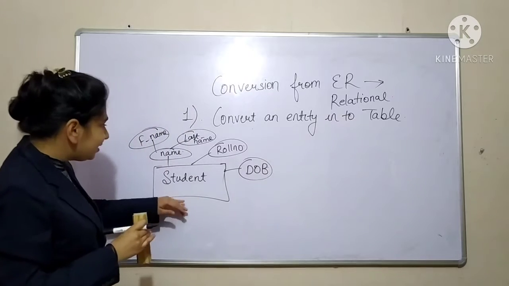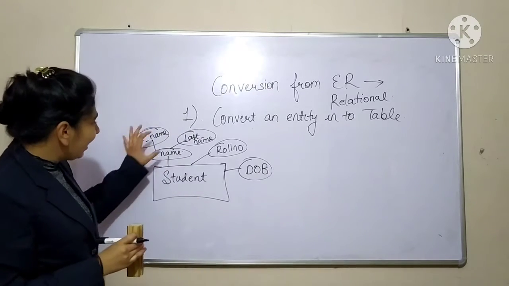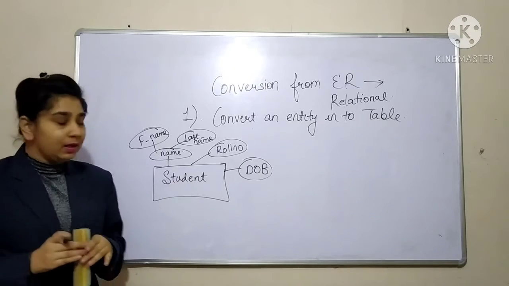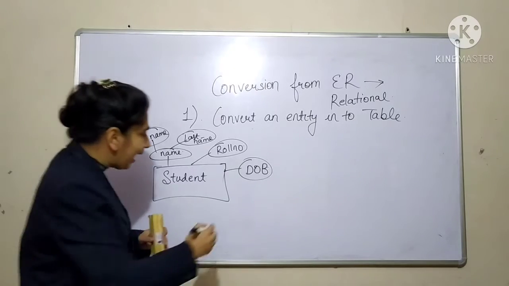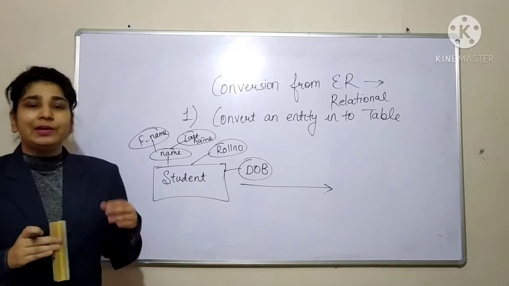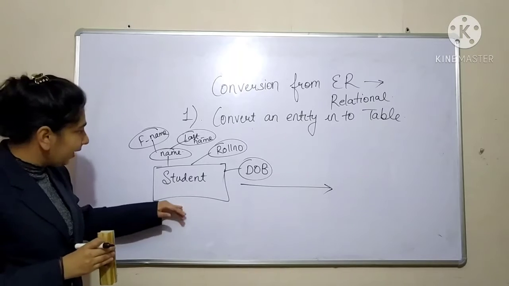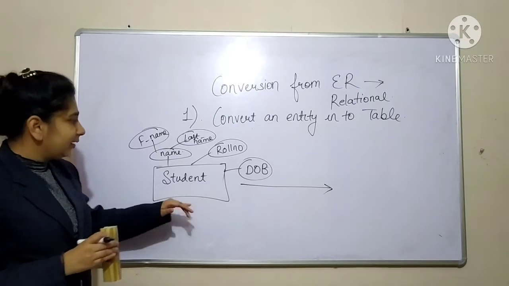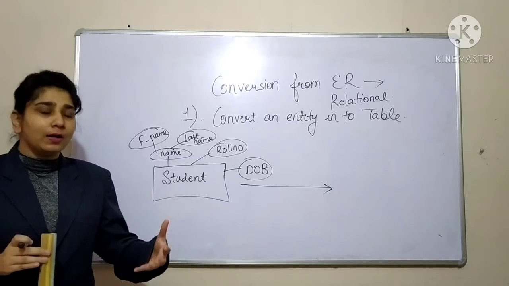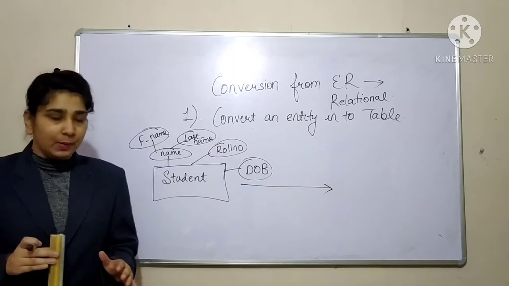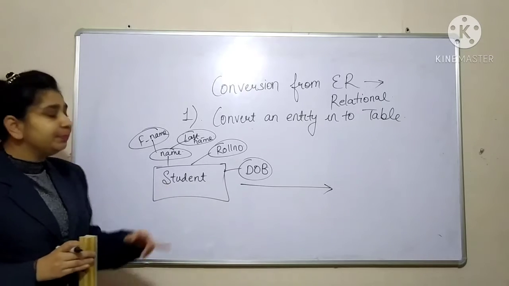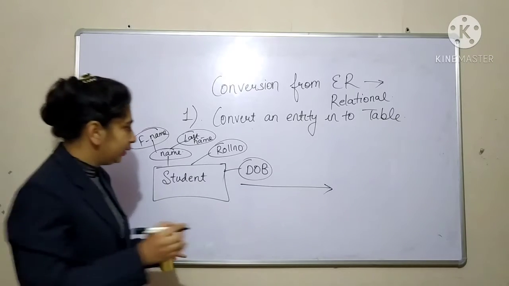So this is the entity and we have the various attributes of this entity. Now I want to convert this entity into the relational model. We will discuss step by step how to convert your ER diagram into relational model. So firstly, let's convert this entity into the relational model.